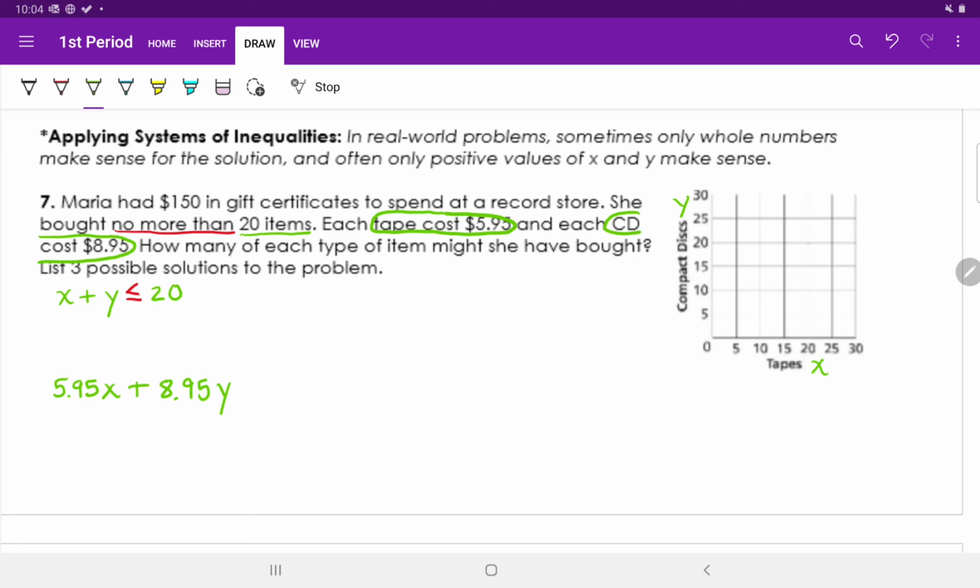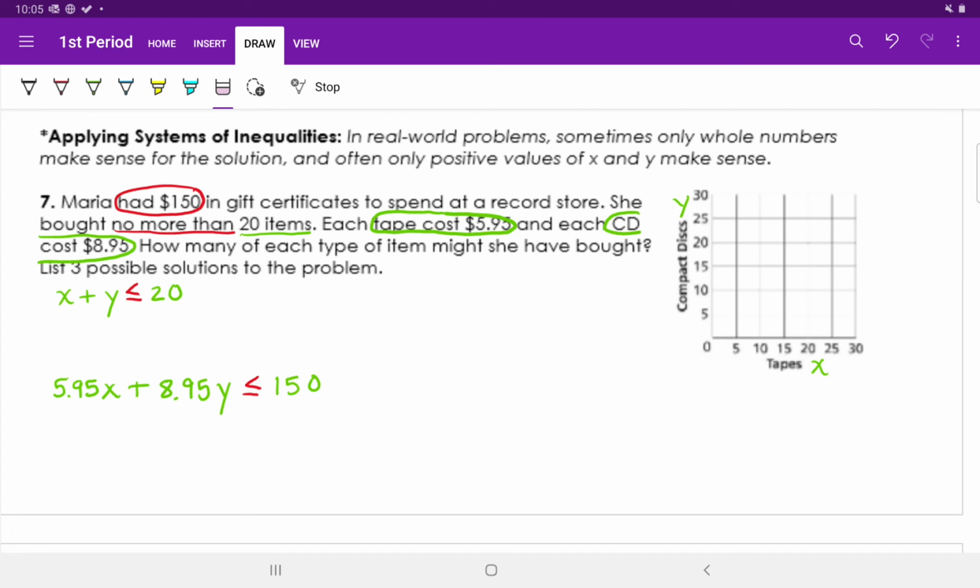And if you add them together, this is the total amount of money she spent. We're told in the very first sentence that she had $150. So the total amount of money she spent has to be less than or equal to $150. So these, here and here, are our two inequalities. We have just set up a system of inequalities.